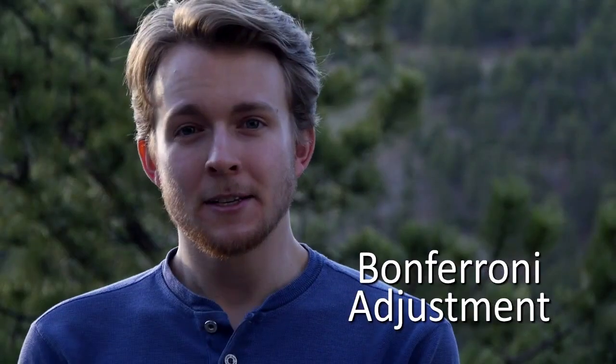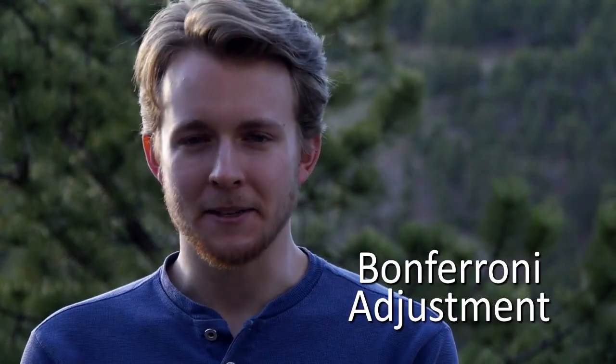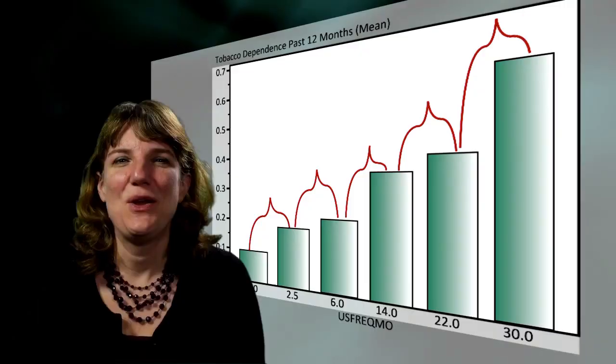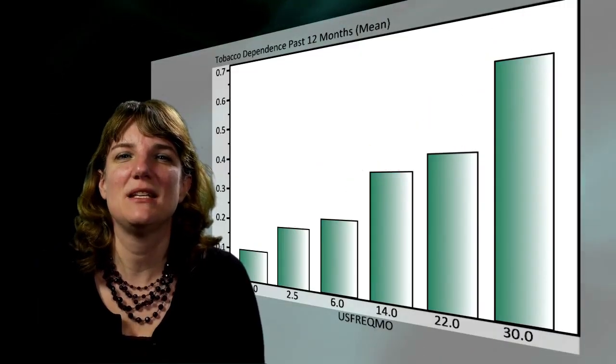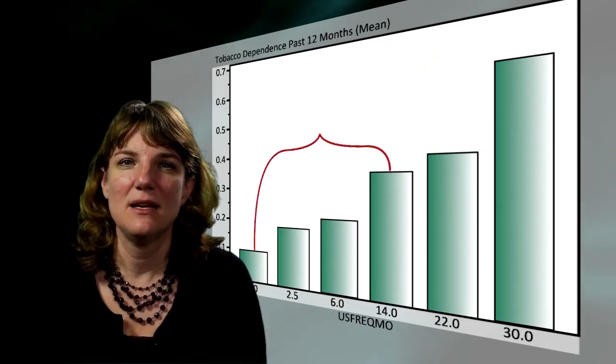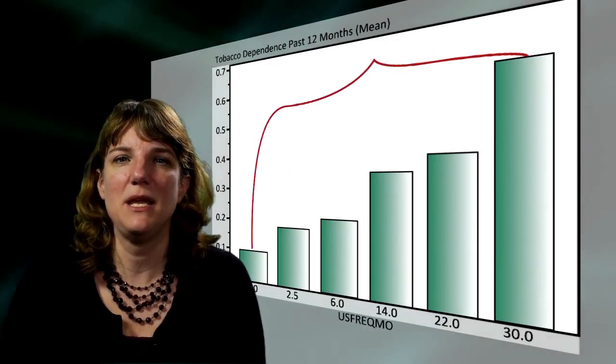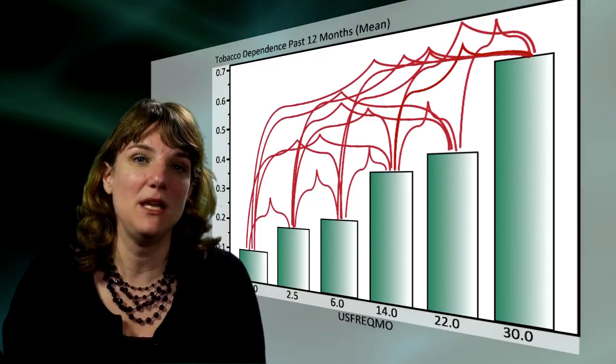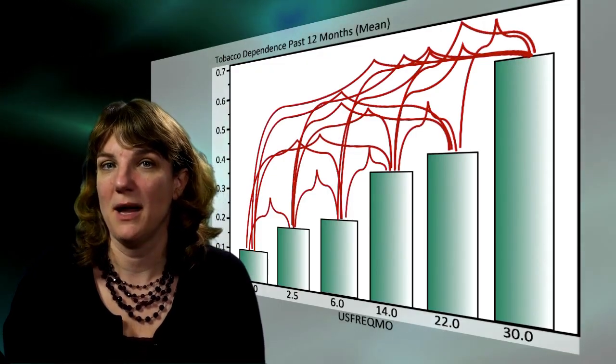So, to appropriately protect against type 1 error in the context of a chi-square test, we will use the post hoc approach known as the Bonferroni adjustment. The goal of using the Bonferroni adjustment is to control the family-wise error rate, also known as the maximum overall type 1 error rate, so that we can evaluate which pairs of nicotine dependence rates are different from one another. Briefly, the process would be to conduct each of the 15 paired comparisons, but rather than evaluating significance at the p.05 level, we would adjust the p-value to make it more difficult to reject the null hypothesis.